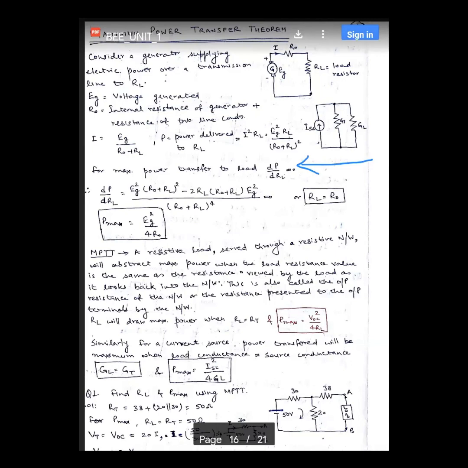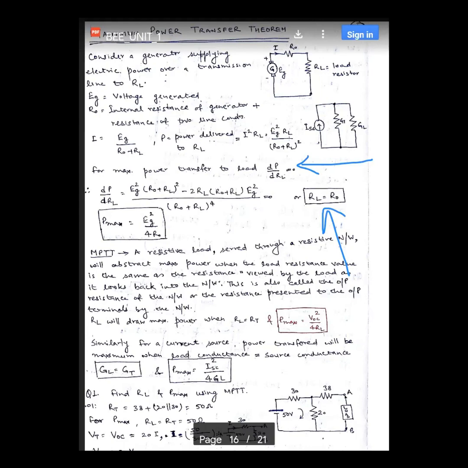The variable resistance is the load resistance, because the internal resistance remains the same, and the resistance between the two lines of the conductors also remains the same. So dP upon dRL is equal to 0. When we do the first order differentiation, we get RL equal to R0.